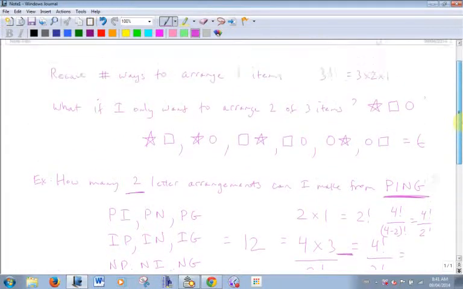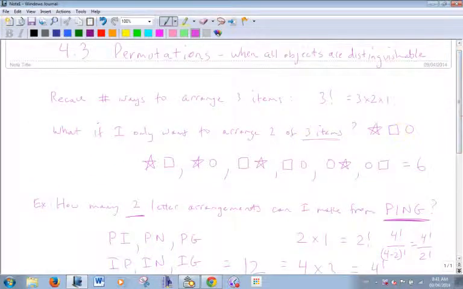Okay, this one, I have 3 items, I want to arrange 2 of them. So that is n factorial, that's the number of objects I have, over 3 minus 2 factorial. I'm going to arrange 2 of them, okay? So that's n, p stands for permutations, 2, right?